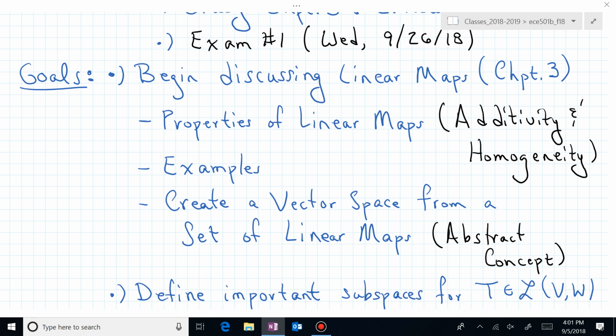We'll give some examples. We'll even look at this abstract concept of a linear map that's actually creating a vector space from a set of linear maps. So we have these linear maps, and as long as they satisfy these properties of a vector space, that can be a vector space, the set of linear maps.